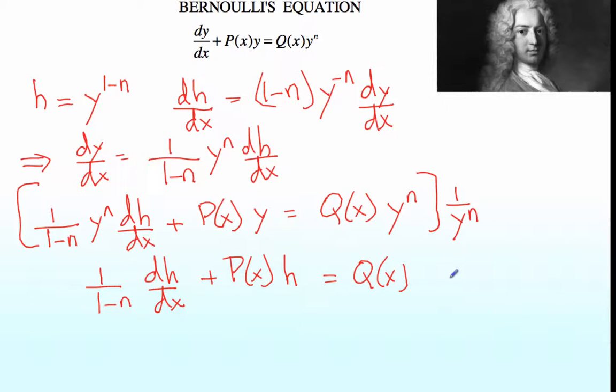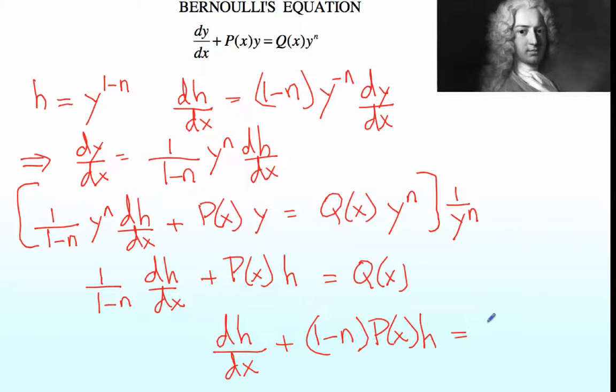That's all. And so if we put this into standard form, this is dh by dx plus 1 minus n into p of x, h equals 1 minus n q of x.